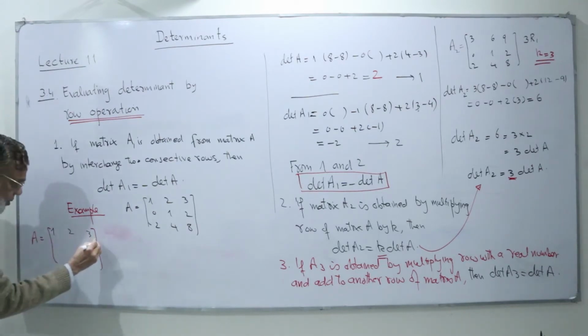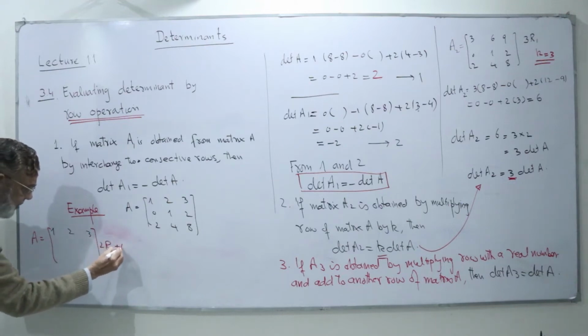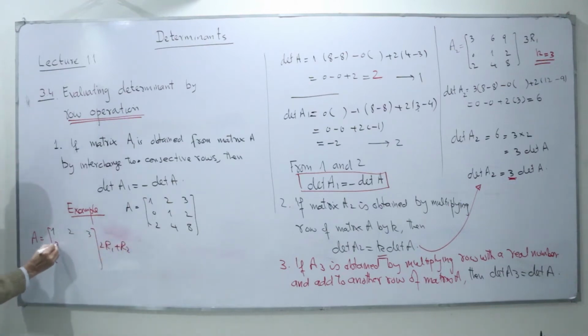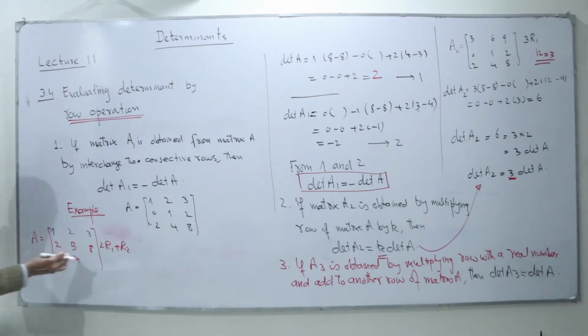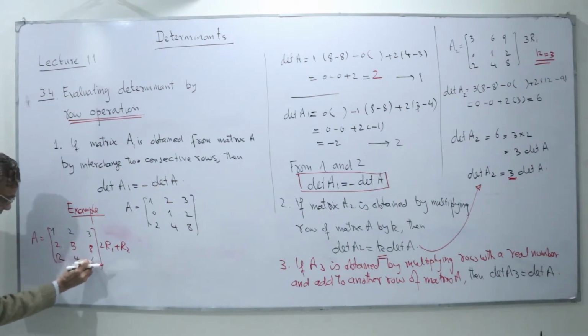Then 2R1 plus R2, that becomes here 2 and 5, 2R1, 6 plus 2 is 8, and 2, 4 and 8. So the last row remains the same. We are having here this is equal to 2 2 4 and 8.